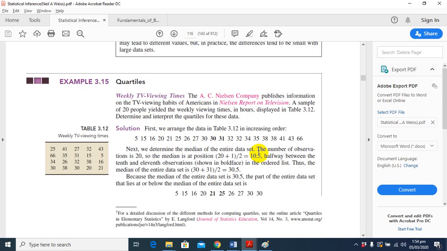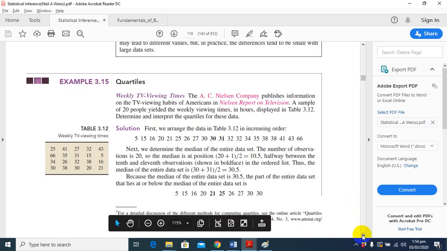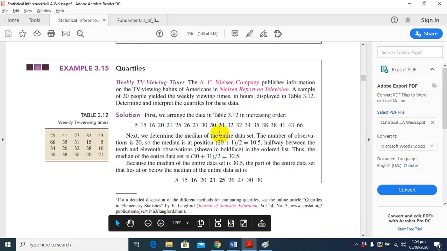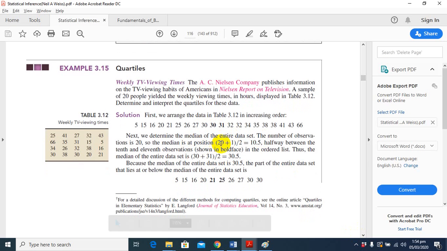As you know, we discussed in class the calculation of the median score. Likewise, we need to do the same in the calculation of quartile 2. Since we have 20 observations, which is an even number, just add 1, 20 plus 1 is 21, divided by 2 is 10.5.